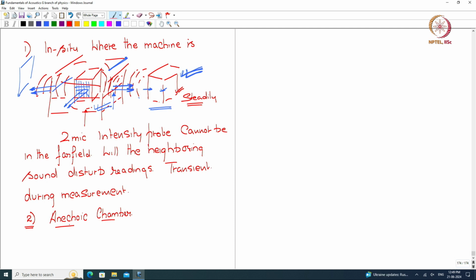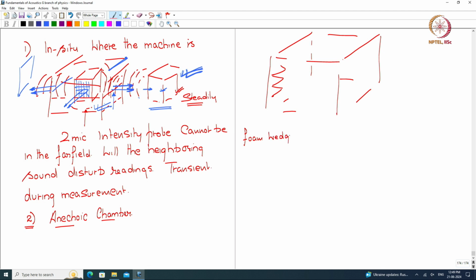An anechoic chamber is one where the entire chamber, on its walls, has non-reflecting wedges made of a certain foam, foam wedges, that absorb sound.